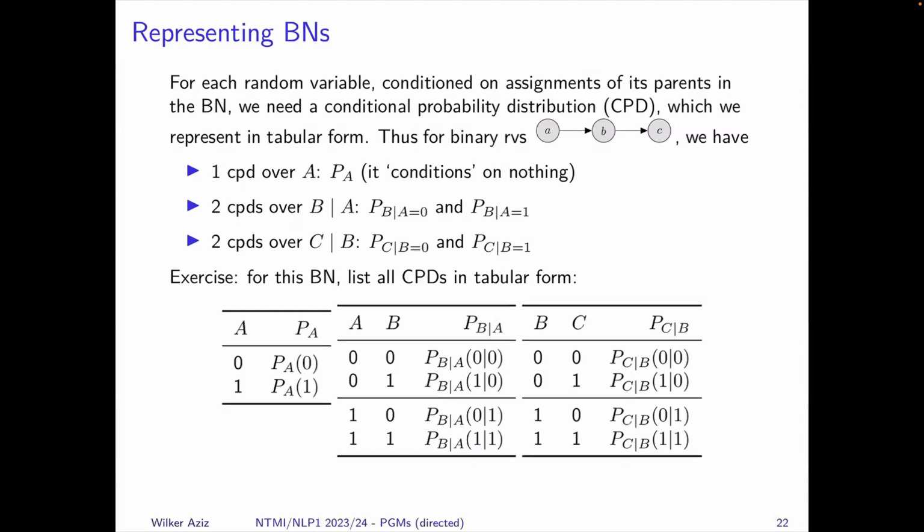There you go. So we have a CPD for P(A). It is a table with rows that enumerate the assignments of the relevant random variables. It's only one, and those rows contain the probability of each one of the assignments. So we need two probability values to represent this one.